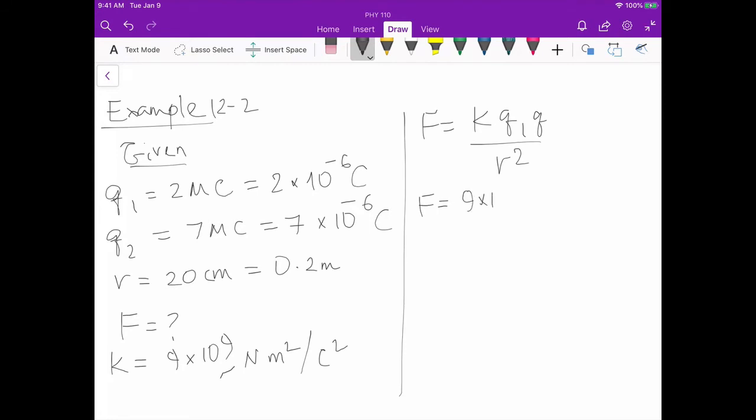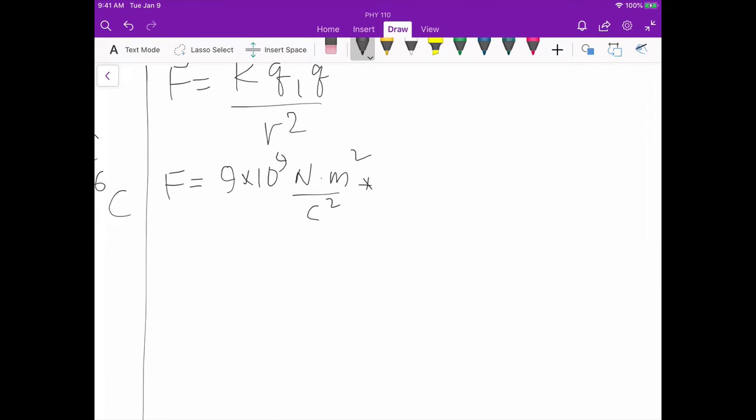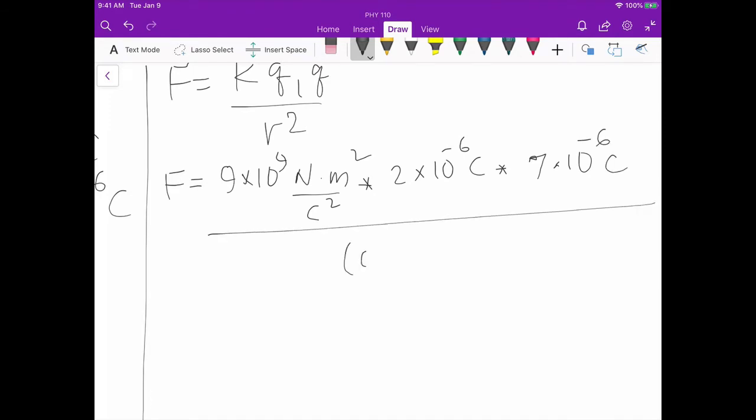So 9 times 10 to the power of 9 Newton meter squared per Coulomb squared, multiplied by Q1, which is 2 times 10 to the power of -6 Coulomb, and Q2, 7 times 10 to the power of -6. Divide that by 0.2 squared. If you put in the denominators properly, you can do unit elimination.